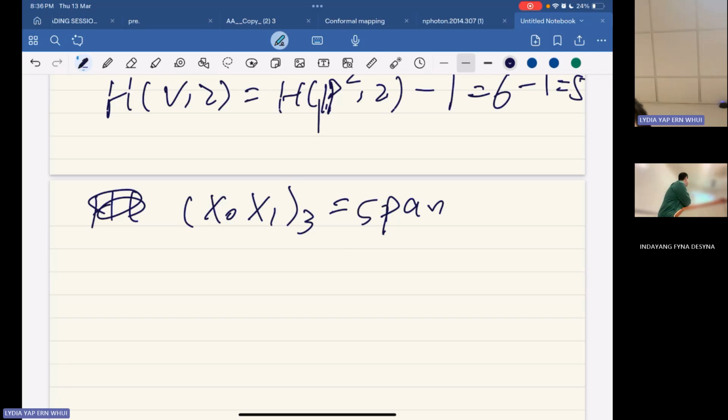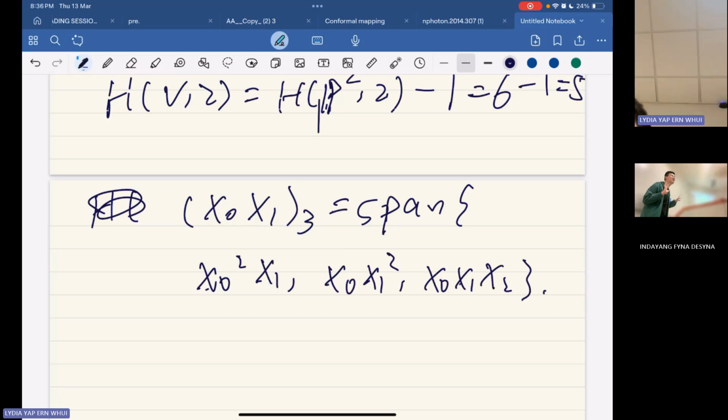So this subspace should be spanned by x0 squared x1, x0 x1 squared, and x0 x1 x2, right? So we can see that 3 dimensions vanish here. So if we want to compute this Hilbert function, we take the dimension of the degree 3 piece of P2 and subtract these 3 things, right?